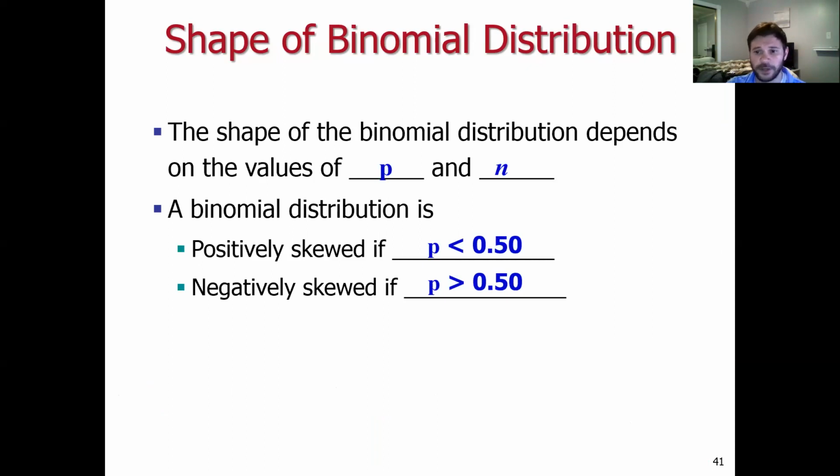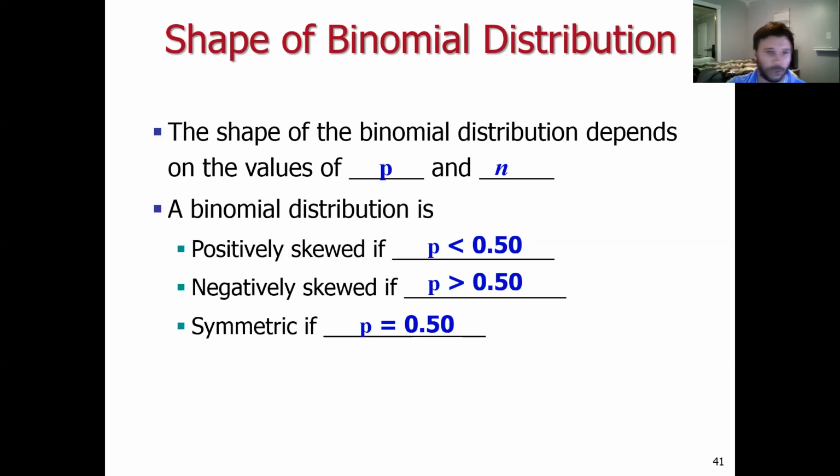If the success rate on any given trial is a coin toss, equal to 50%, then you wind up with a symmetric looking discrete probability distribution for the binomial random variable.